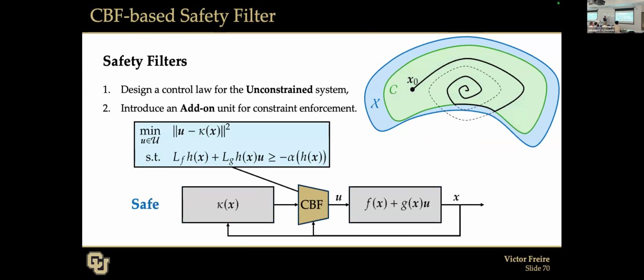The CBF comes in and filters out that unsafe behavior and enforces invariance of the set C, not of the set X, but of the set C. Now, how big the set C is is what's going to determine your performance. You can imagine we want the biggest possible set C that is contained in X, to recover as much as we can the performance of the nominal controller.